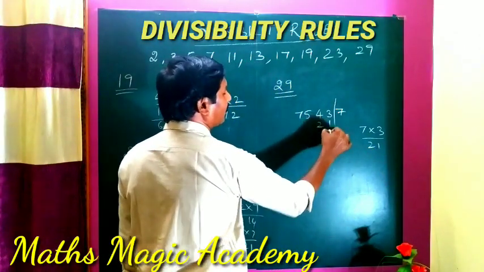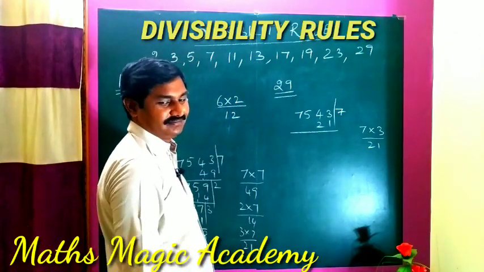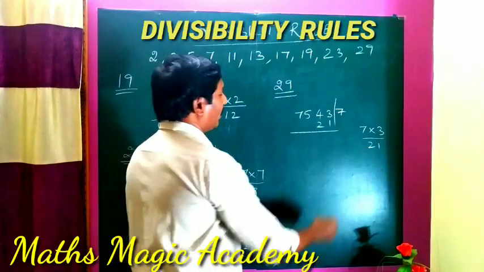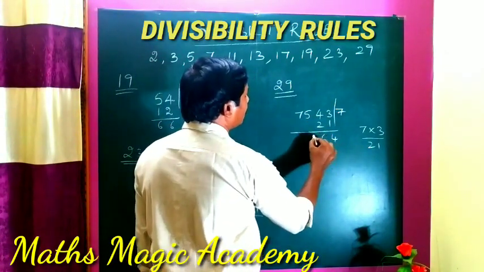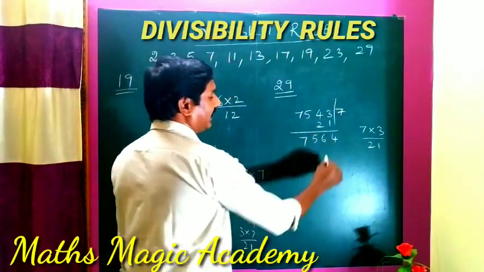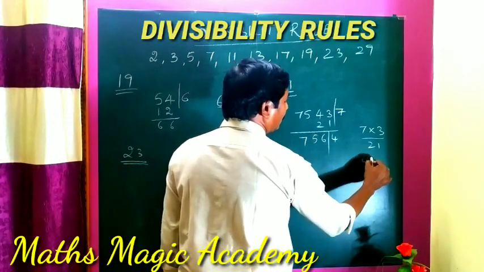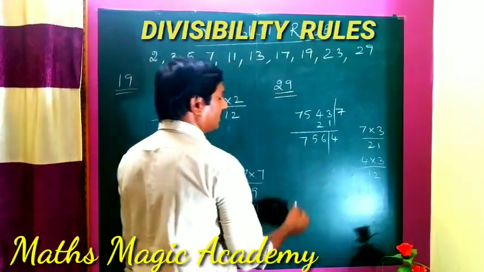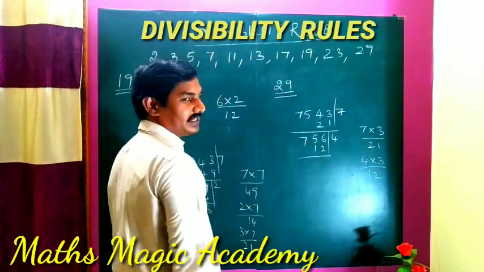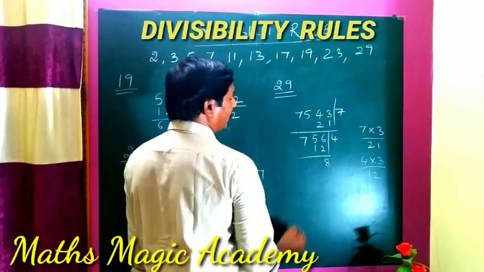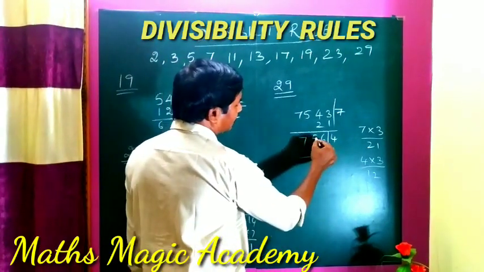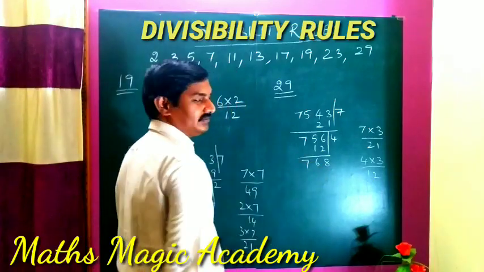This 21 we have to add to the remaining digits. Now 4657. Again, the last digit we have to take, 4 into 3, that is 12. This 12 is added to the remaining digits. So the result is 867.